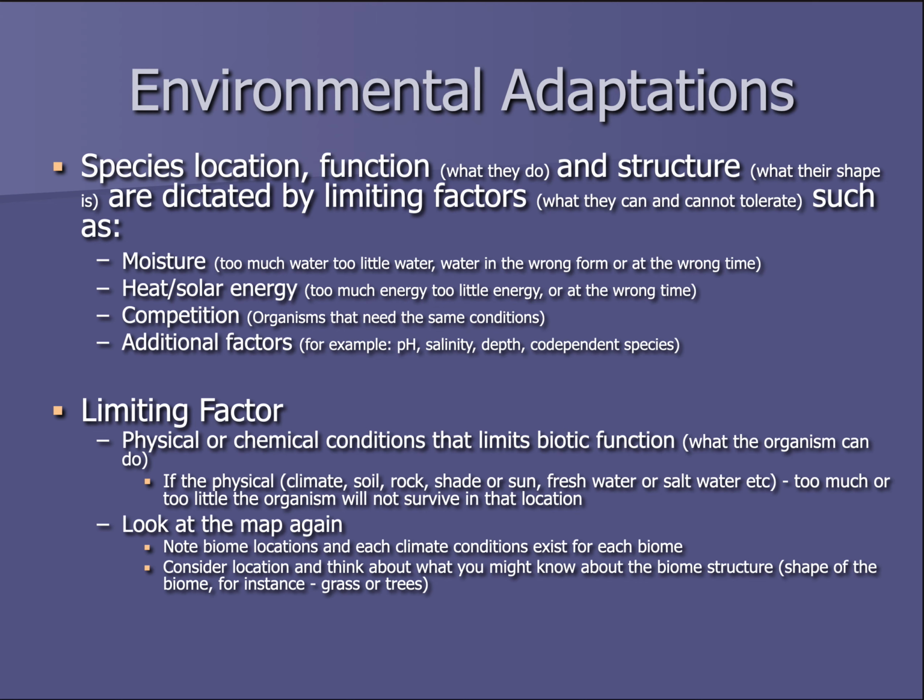Additional limiting factors can include pH. So what's the soil chemistry? What is the salinity in water bodies? Is it too salty, not salty enough? We could be considering what are codependent species relationships. Does the species that you depend on, can it meet the environmental factors in this particular location?